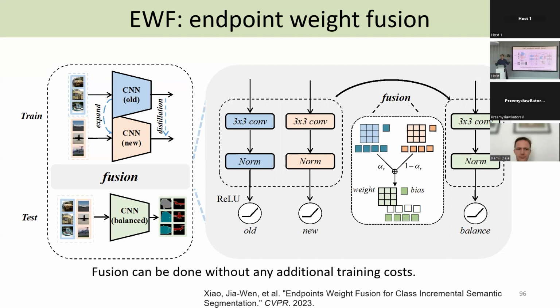You just take the two networks and average the weights, something which is very often used in federated learning. And it's not used in continual learning a lot, because the assumption was that the networks are too far away. And instead of just averaging, we have a parameter alpha that weights the old model and the new model.